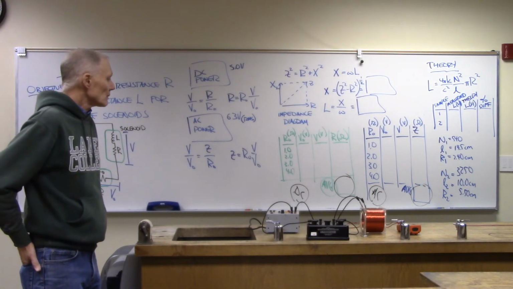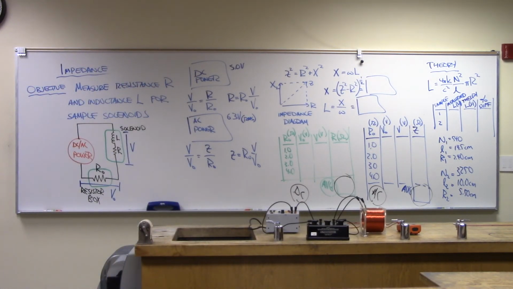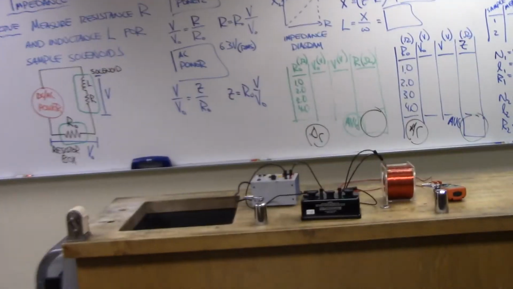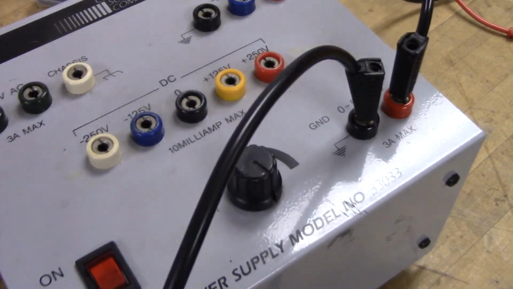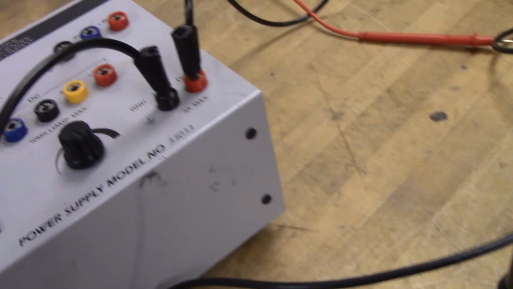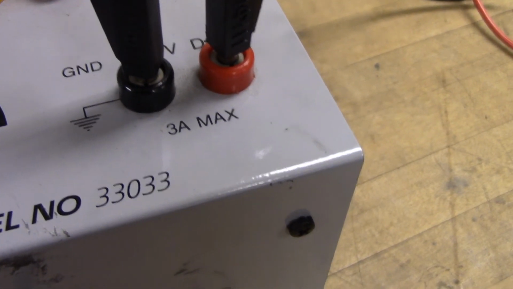So let's take a closer look too. Let me grab a camera here and go in a little closer and see what we can do on this lab. Once again, here is our power supply. Right now it's turned off. I'm using the 5 volt, this is 3 amp.